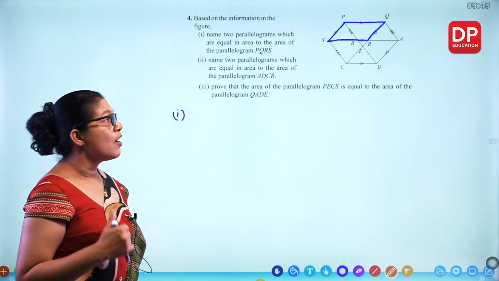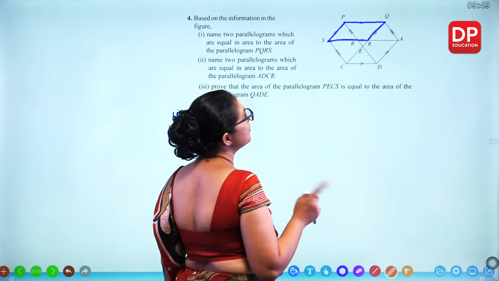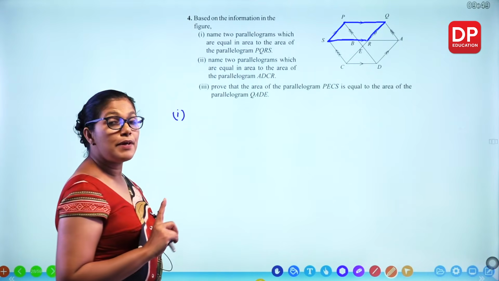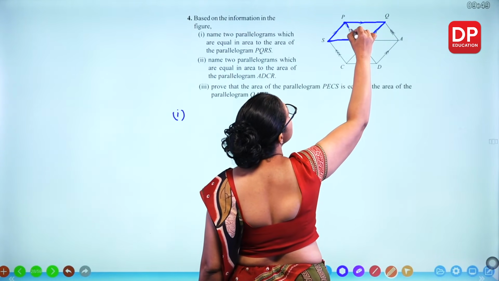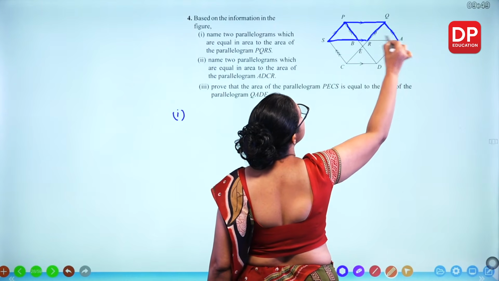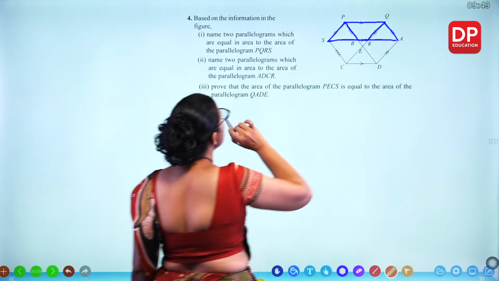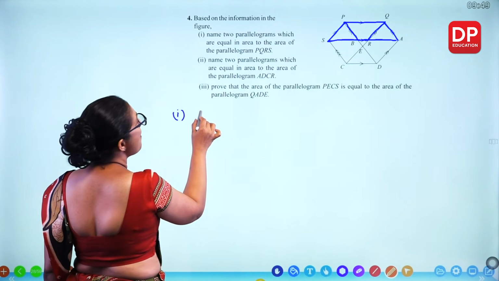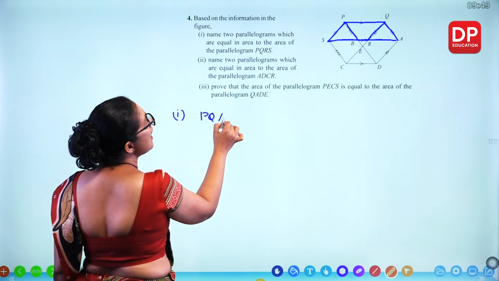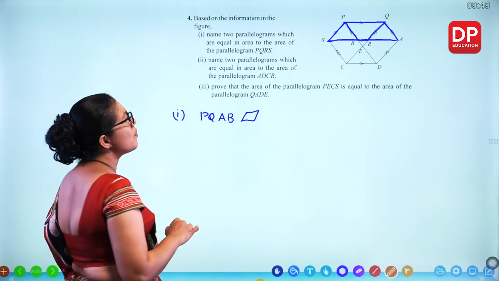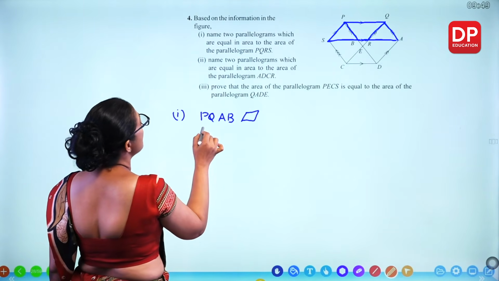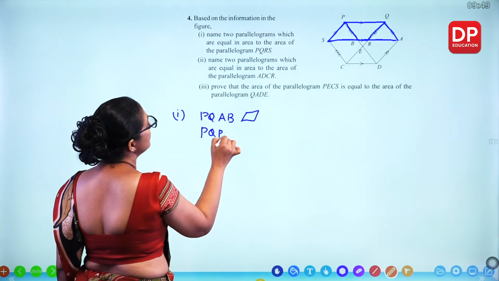So that should be on the same base and in between the same pair of parallel lines. Here we can see this is same as this one. So what's the other parallelogram? PQAB parallelogram should be equal with PQRS.